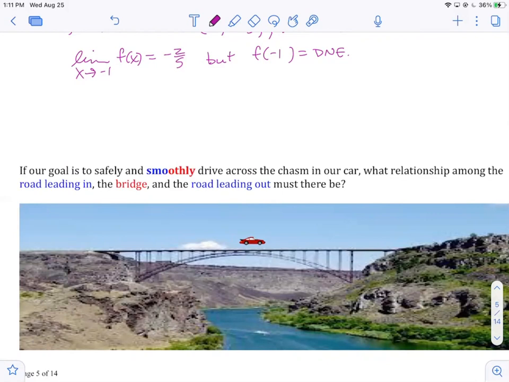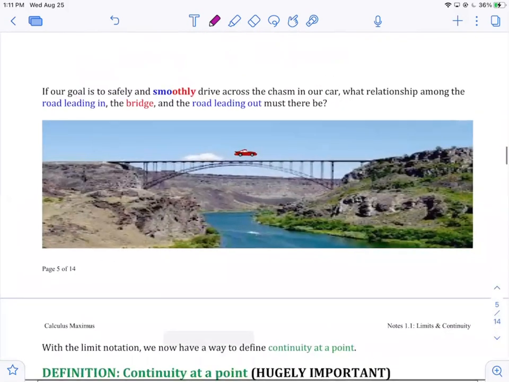If we want to drive across safely, the limit from the left has to equal the function value, which is the bridge, which has to equal the limit from the right. They all have to exist, and they all have to be the same, right? And that's it. If any one of those three things fails to exist, or if any two of them don't equal each other when they do exist, we're not driving across safely, right?